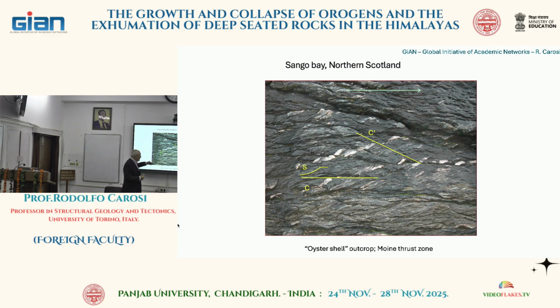Some people believed that there was a stratigraphic contact, but Lapworth was the first who recognized mylonitic deformation in thin section, because he collected thin sections along this kind of outcrop, and he found decreasing grain size in the rocks, and started to suppose a tectonic contact.